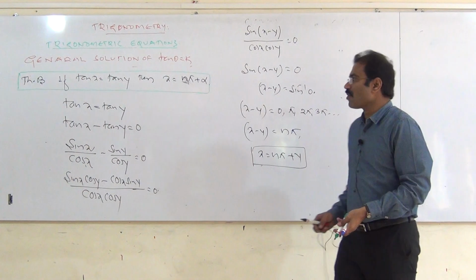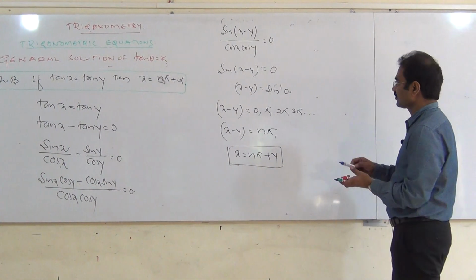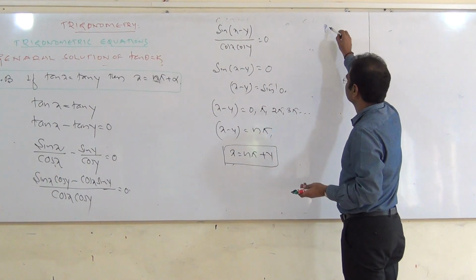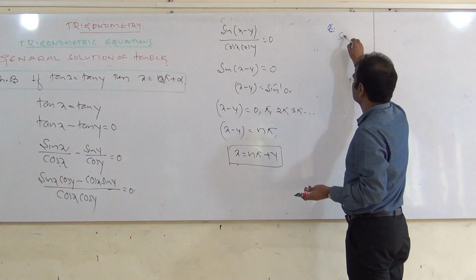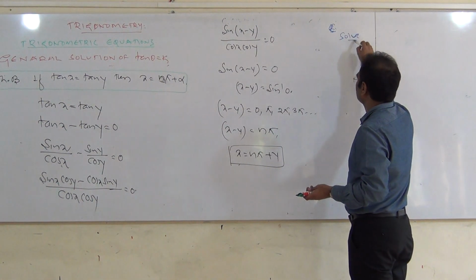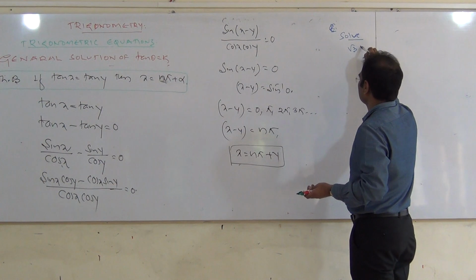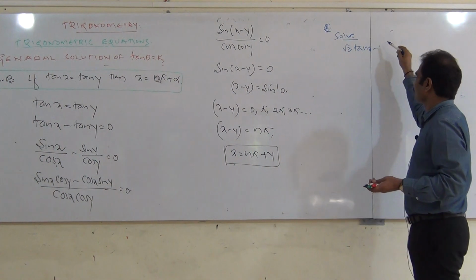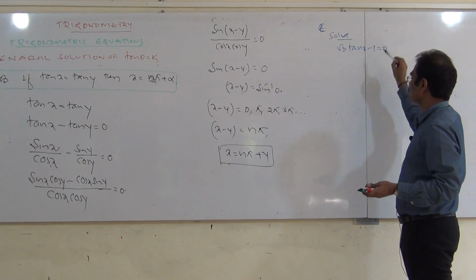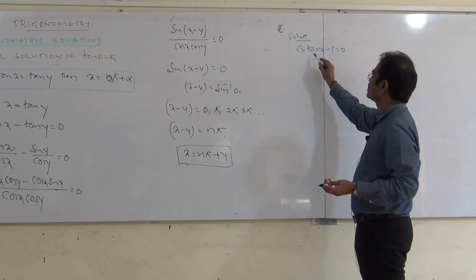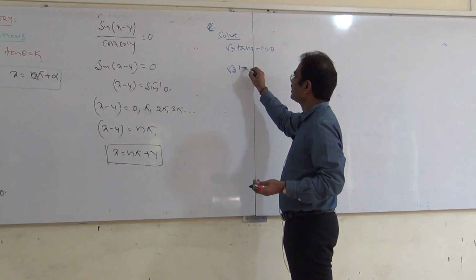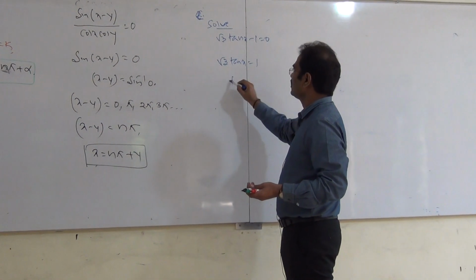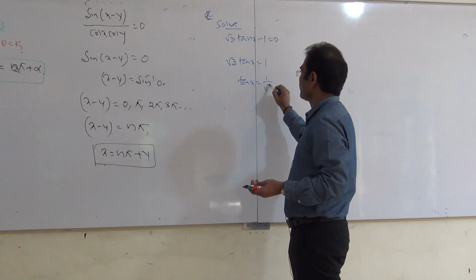Now I solve one problem, you will come to know. Example: solve root 3 tan x minus 1 is equal to 0. So I write this one as root 3 tan x is equal to 1. Tan x is equal to 1 by root 3.